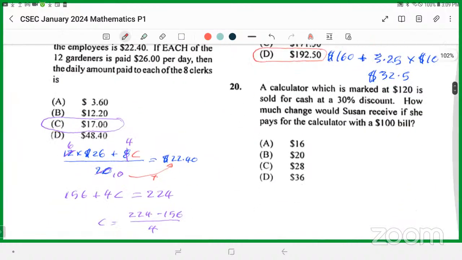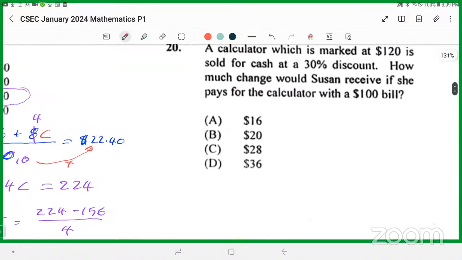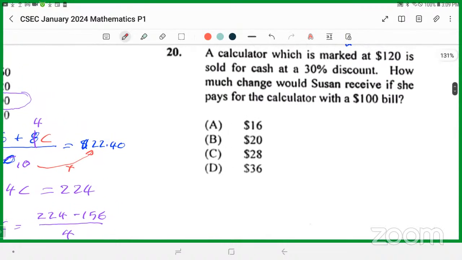This question says, still consumer arithmetic, right? A calculator which is marked as $120 is sold for cash at a 30% discount. How much change would Susan receive if she pays for the calculator with a $100 bill? All right.